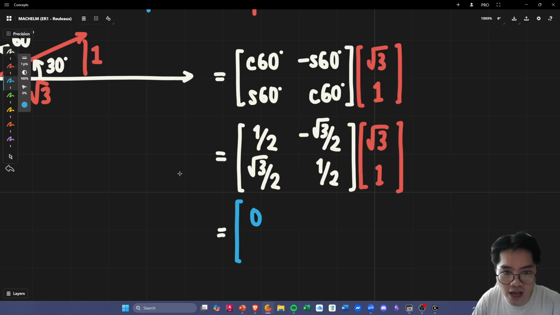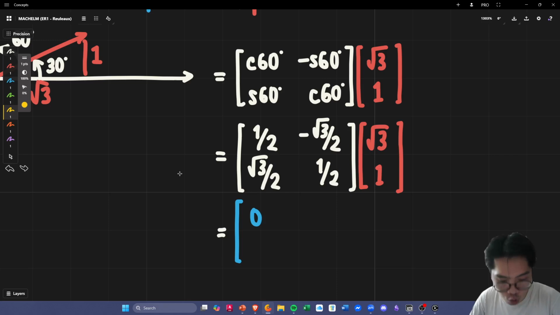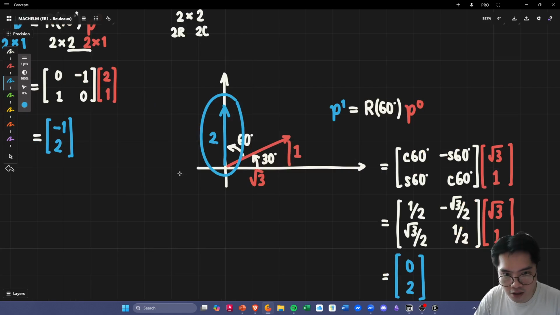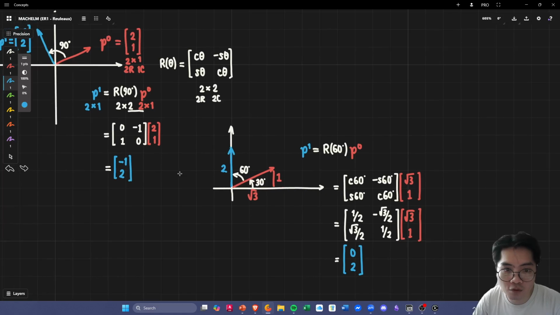On the other hand, you will have this times this, where the square root of 3's cancel out, so it's just 3 over 2. And then this thing is 1 half times 1, that's 1 half. So 3 over 2 plus 1 over 2 is 4 over 2, which is 2. Which does indeed follow our logic: this is just going to be 0 x coordinate, and then it rises all the way up to 2 for your y coordinate. That is the power of the rotation matrix.